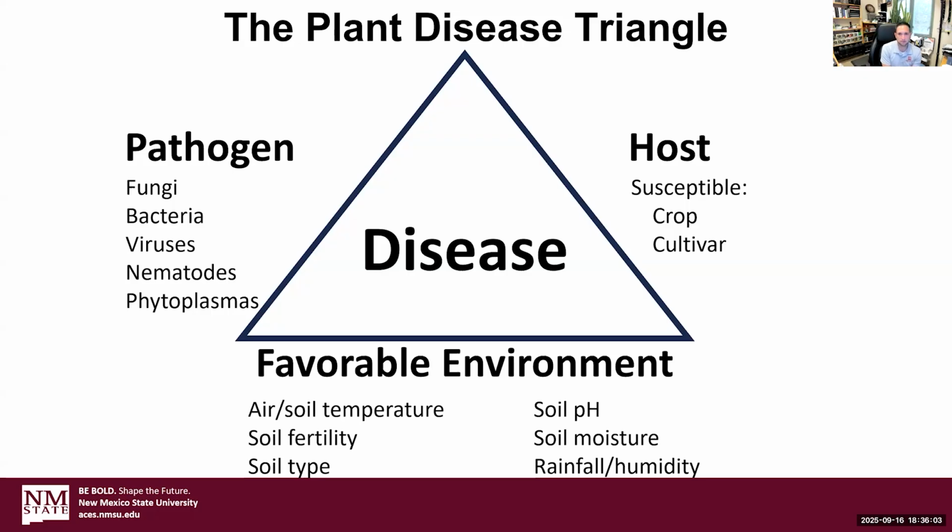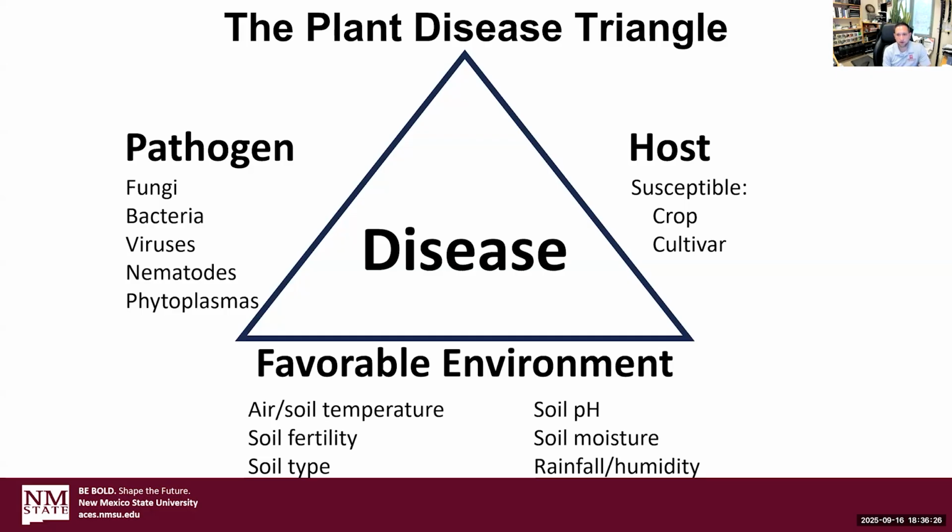So again, think about the disease triangle. The pathogens are usually going to be present within the soils themselves. We can find pathogens in any type of soil. If we go outside right now, grab some soil, we can identify a good amount of pathogens in that soil. So those are going to be there.